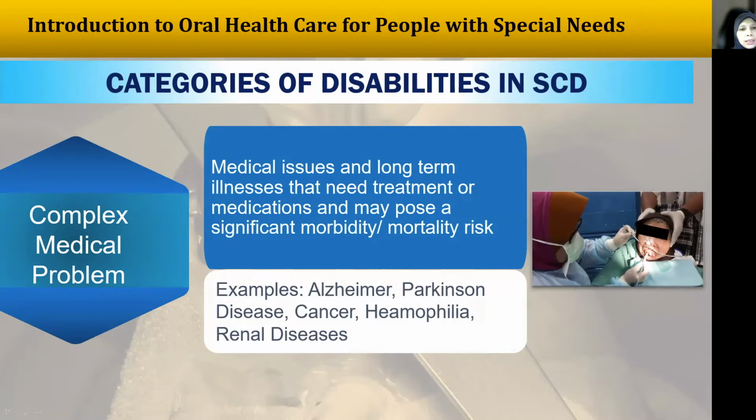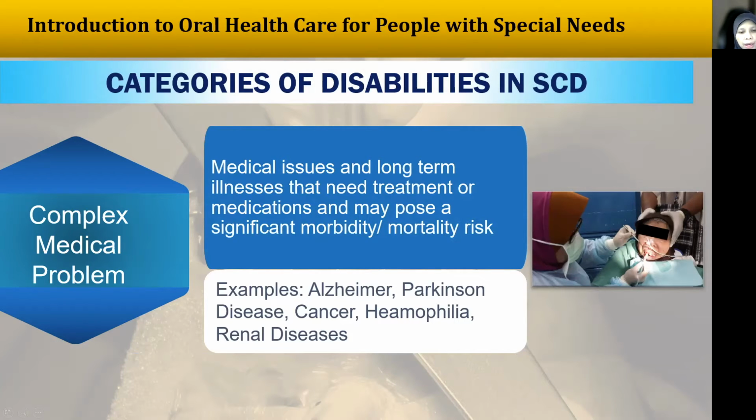So it actually interferes with their ability to perform activities of daily living, and due to the medical issues that they may have, the health professionals or the oral health care professionals may need to modify their treatment plan to suit their medical issues, or to make sure that the dental care is delivered safely and doesn't affect their medical illnesses, right? So for example, those patients on warfarin, you have to check the INR first before you do dental extractions for the patient.